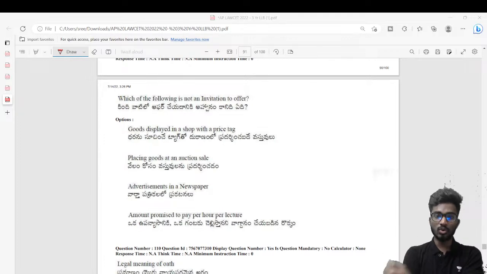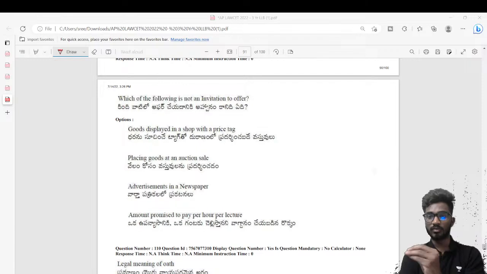Placing goods in an auction sale: whoever gives the highest price will be given the particular product or service, right? And advertisements in a newspaper. If you make any advertisement, for example the Carbolic Smoke Ball Company, which we have discussed, an advertisement is not an offer. But when somebody purchases a good, it becomes an offer.